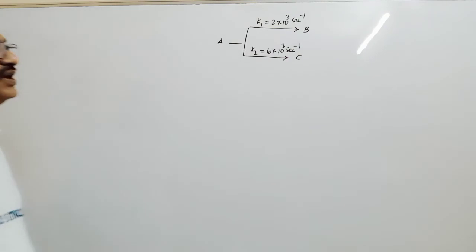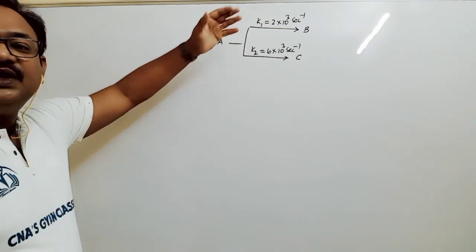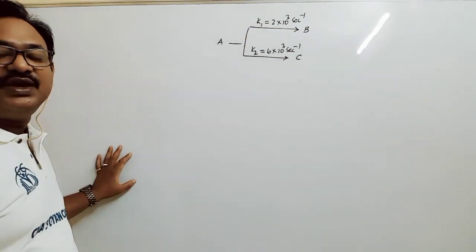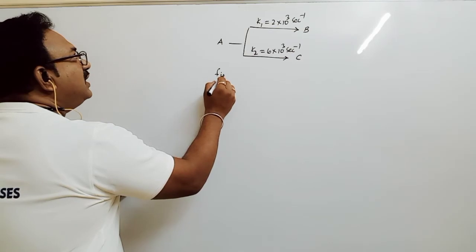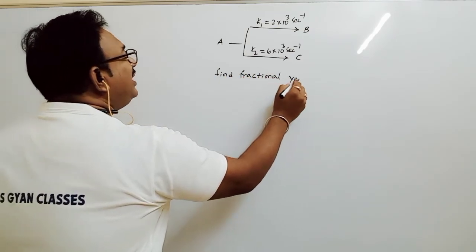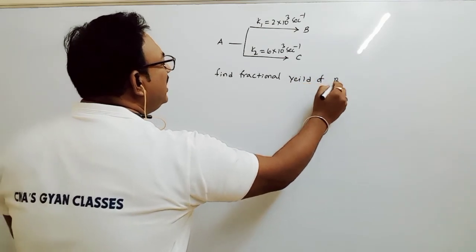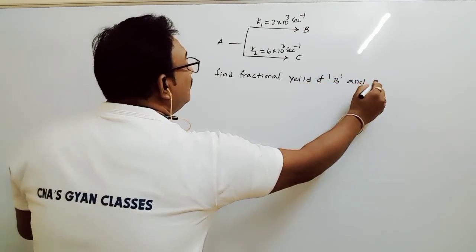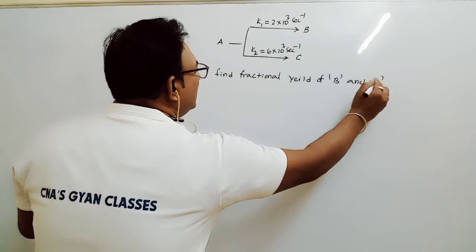Okay? Both are first order, right? A gives rise to B, A gives rise to C. Now, find the fractional yield of B and C.